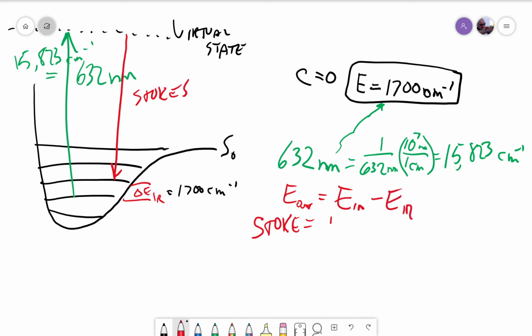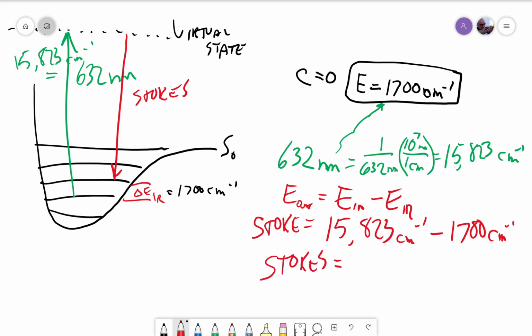This becomes very simple then. 15,823 reciprocal centimeters minus the energy of the IR, which is 1,700 reciprocal centimeters. That means the energy of the Stokes emission is equal to 14,123 reciprocal centimeters.